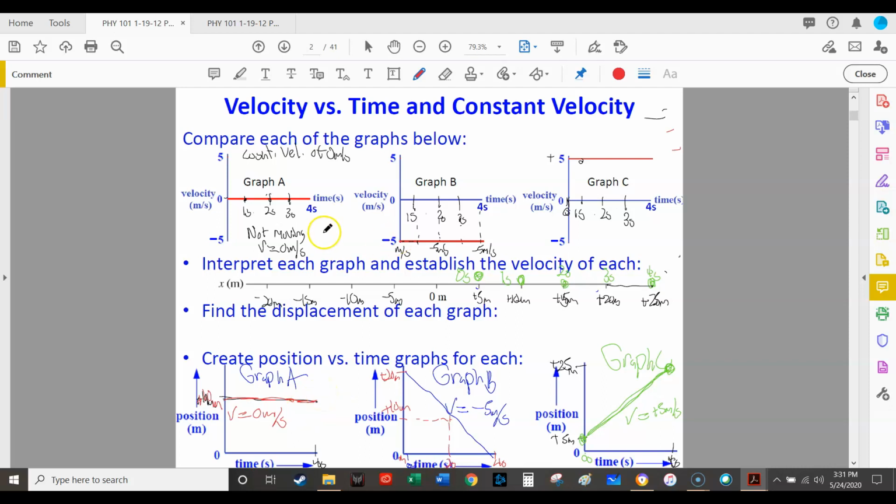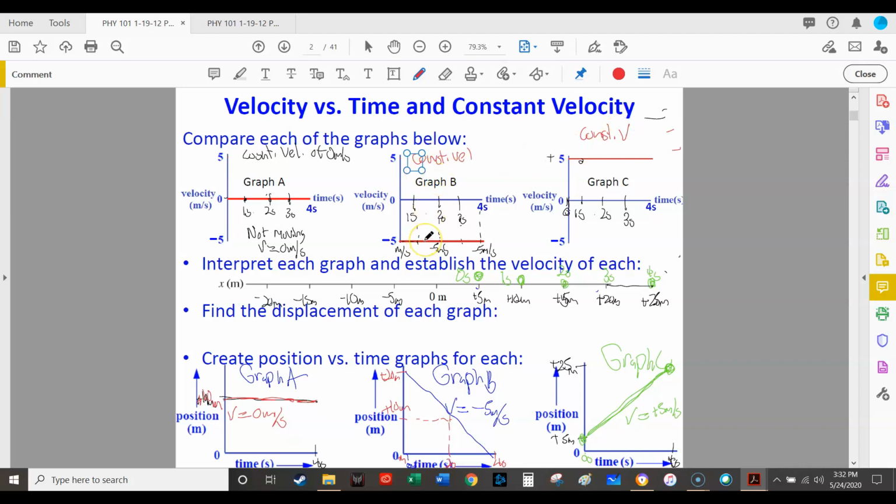So, the wonderful thing about a velocity versus time graph is that it'll tell you what its velocity is at each point in time, but it doesn't tell you its position. So you kind of have to put in your own starting position and make it up. And each object, in this case, is going to be a constant velocity object.